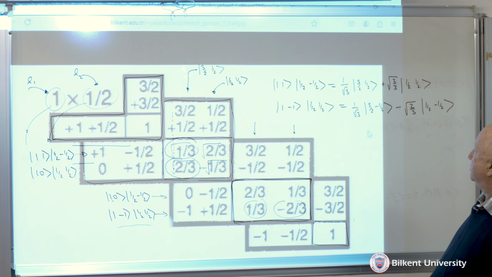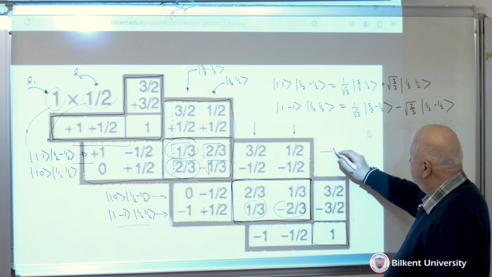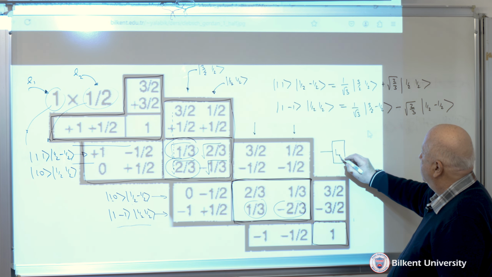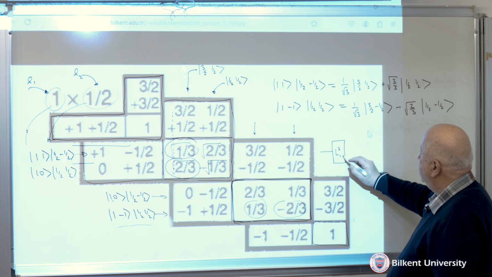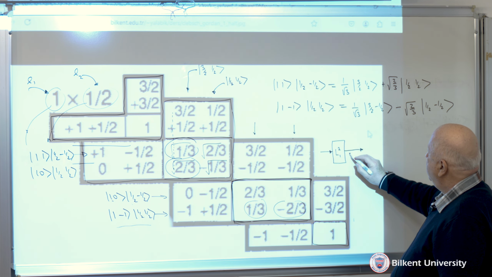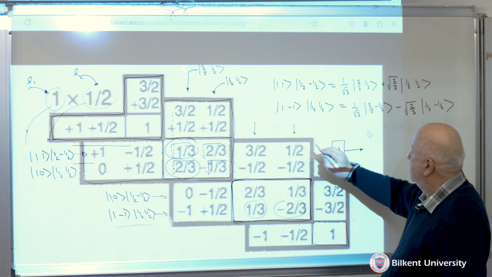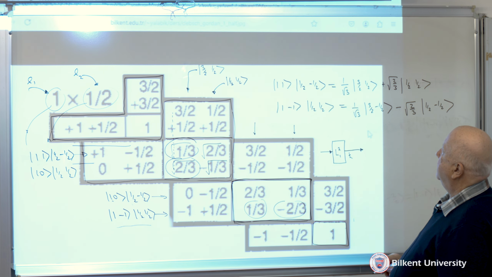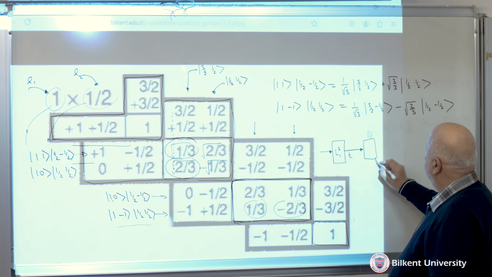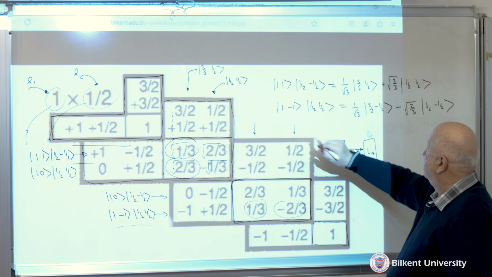What will I measure? Suppose I measure L1 squared, a set of measurements. These are all going to be compatible. This gives me a value of h bar, and then I measure L1z, and I get minus h bar.